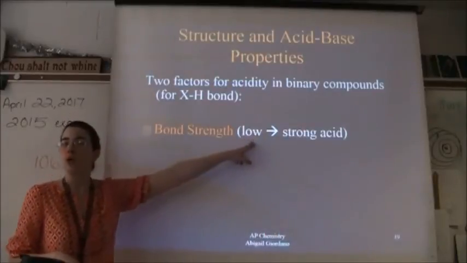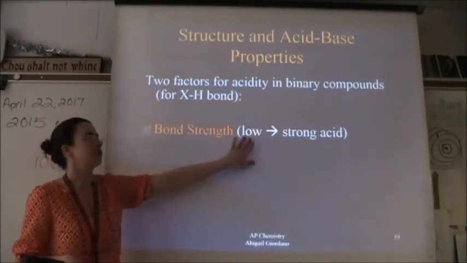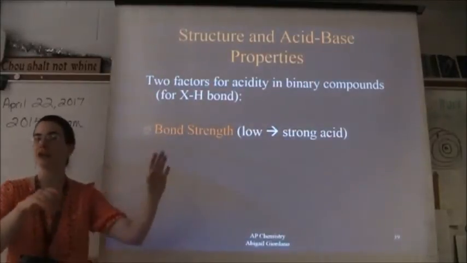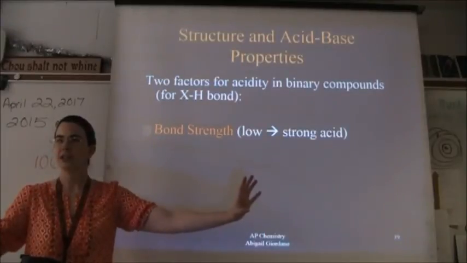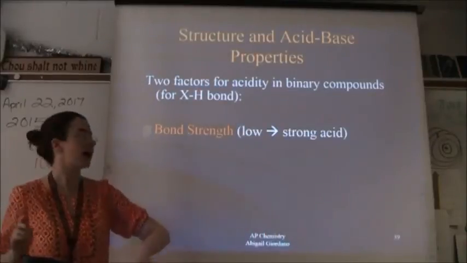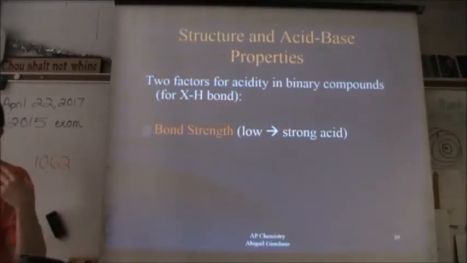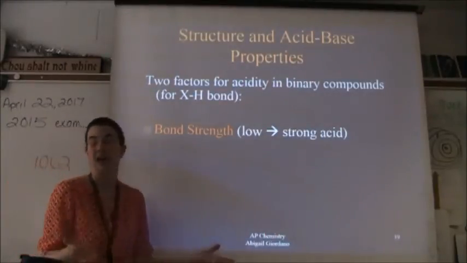This word low, you can replace that word if you don't like it: weak bond strength. A bond that is easily pulled apart between hydrogen and this other element means a strong acid. Guys, remember, the word strong just means an acid that is supplying a large amount of H plus ions to the solution.